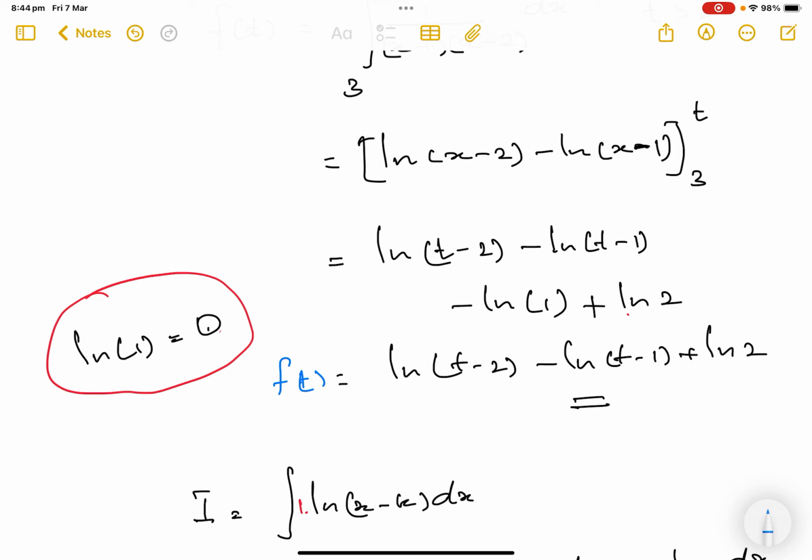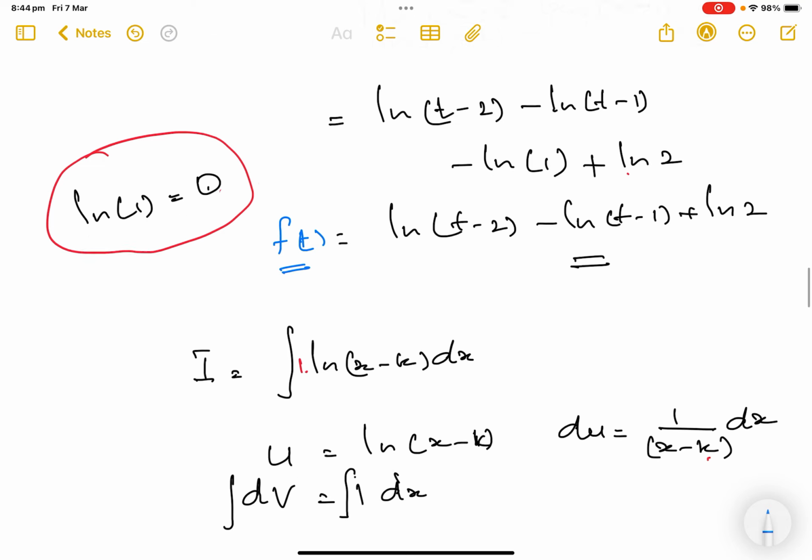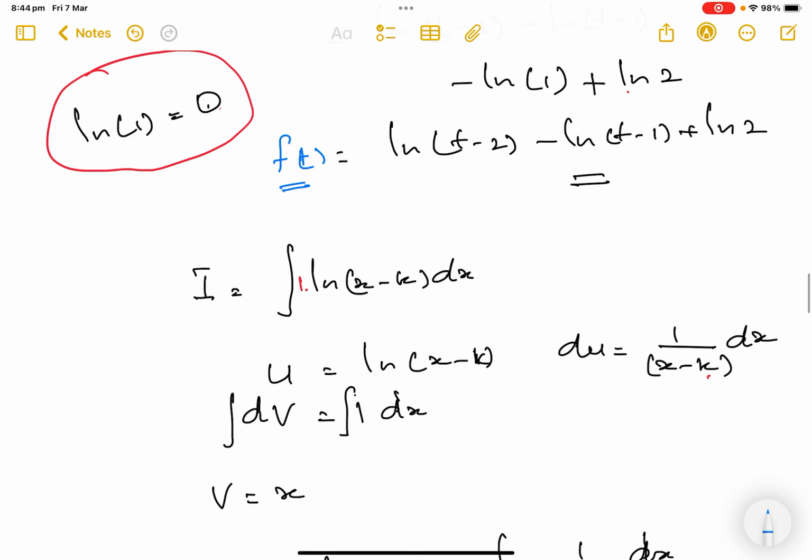Then f(t) equals ln|t minus 2| minus ln|t minus 1| plus ln 2. But what we left out is ln 1. By the logarithmic property, ln 1 is equal to 0. If e to the power of 0 is 1, then 0 times ln e is equal to 0.